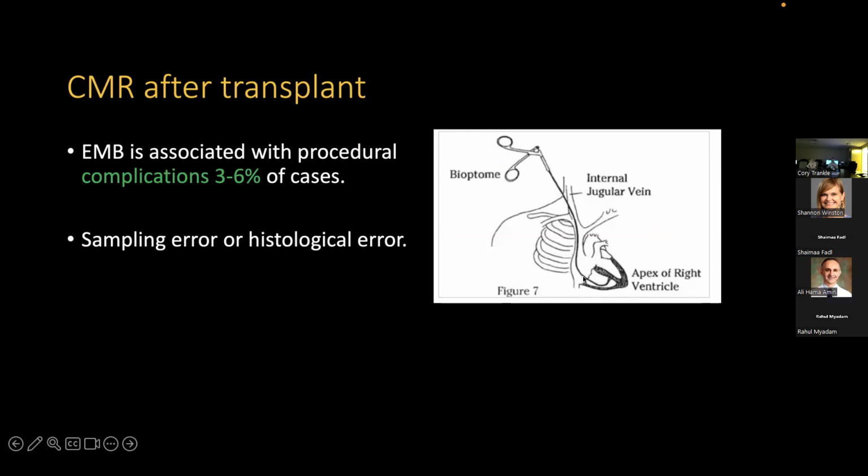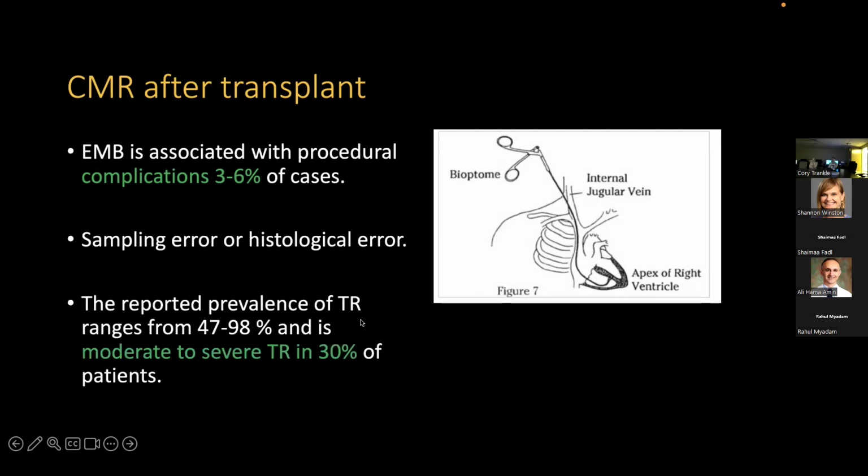This process is repeated multiple times, especially during the first year post-transplant, and can cause some damage to the tricuspid valve leaflets. And so many patients may have some tricuspid regurgitation. The reported prevalence of tricuspid regurgitation ranges from 47 to 98%, and is considered moderate to severe in 30% of those patients.